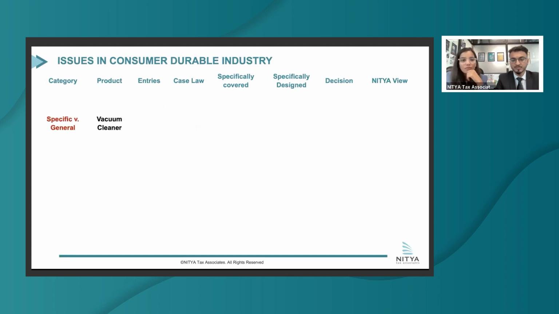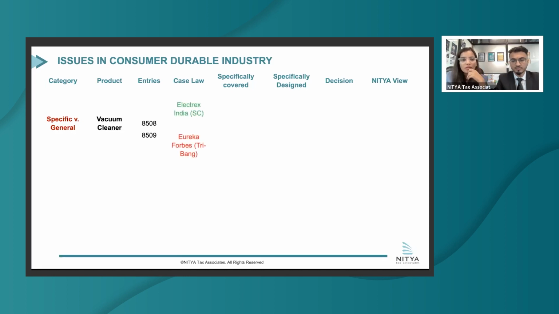Then another dispute is with respect to vacuum cleaners. Vacuum cleaners are specifically covered under 8508 by nomenclature, and then 8509 covers electric home domestic appliances. So the dispute arises whether a vacuum cleaner should go into its respective heading or under electric domestic appliances.